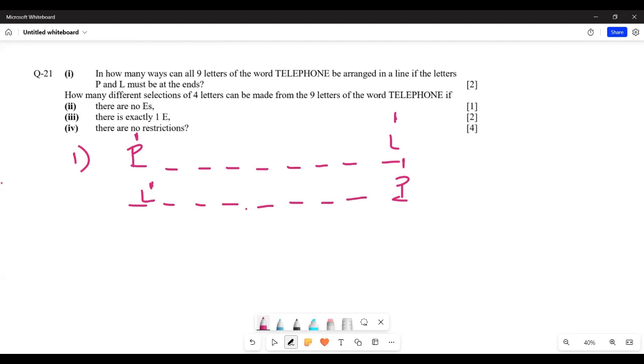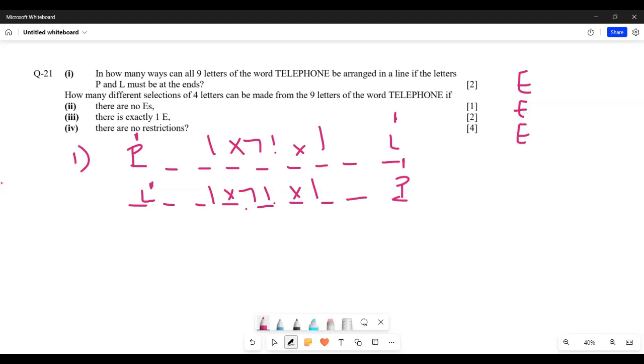Okay, so we've placed P and L at the extreme ends, and now in between there have to be 7 letters, so 7 factorial here, and 7 factorial here. So it's going to be 1 times 7 factorial times 1. And apart from P and L, any repetition? Yeah, E is occurring thrice. Anything else? I guess not.